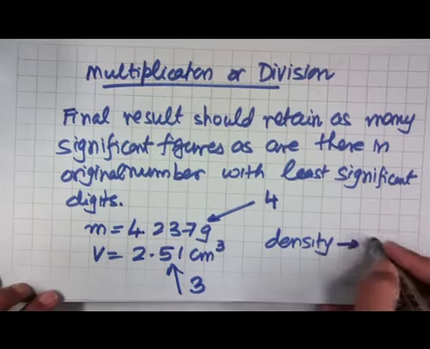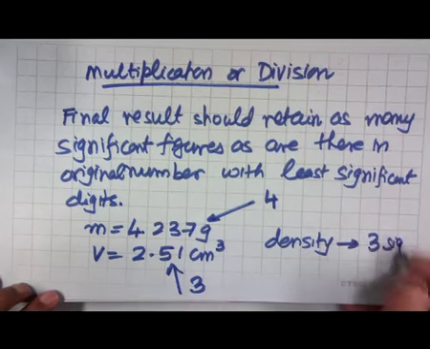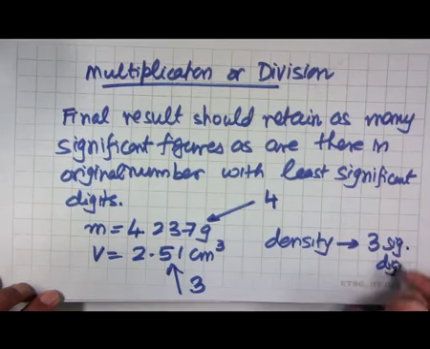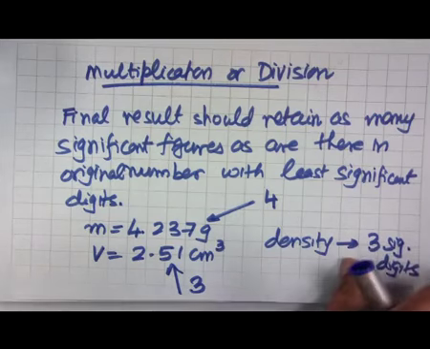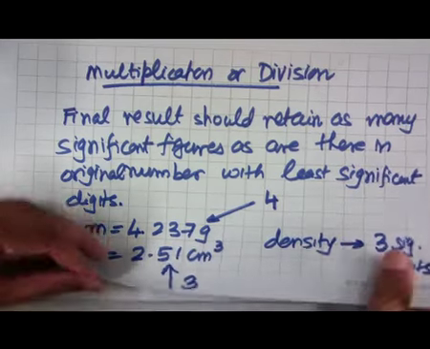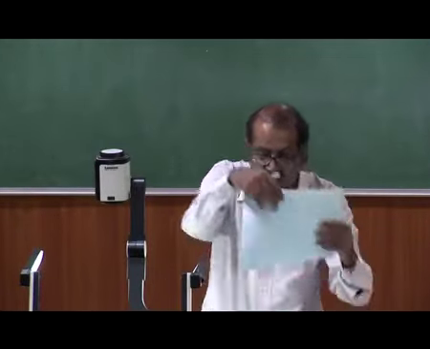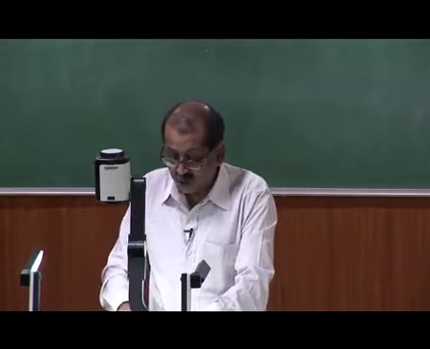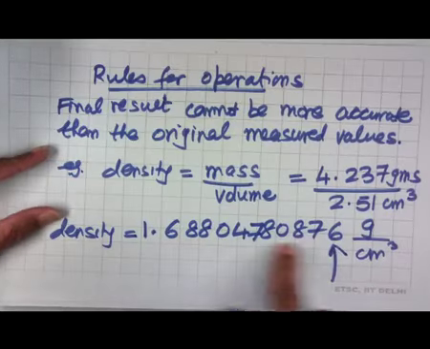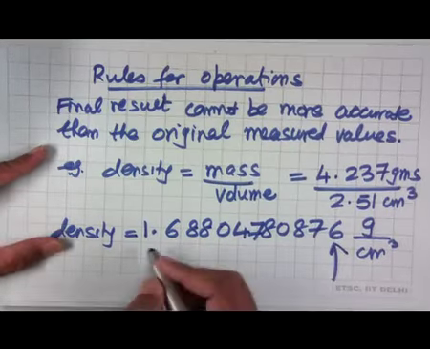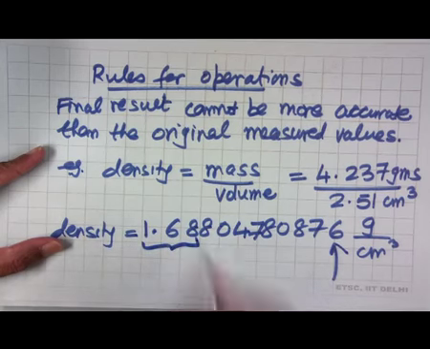So, finally, in density we will carry only 3 significant digits. The answer which we had for the density when we used a calculator was 1.688 such a number.